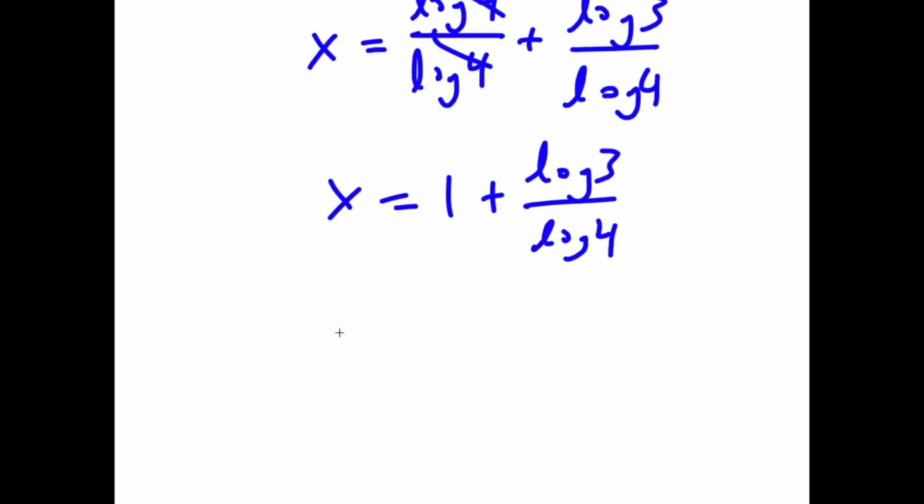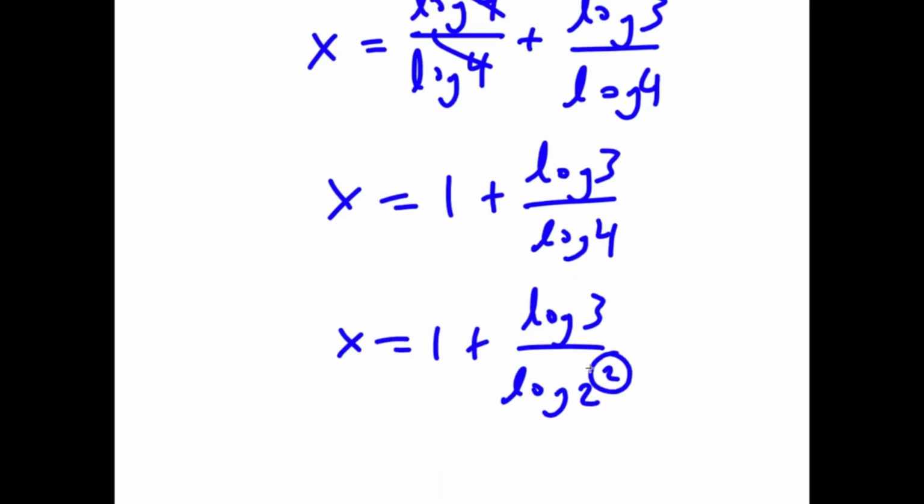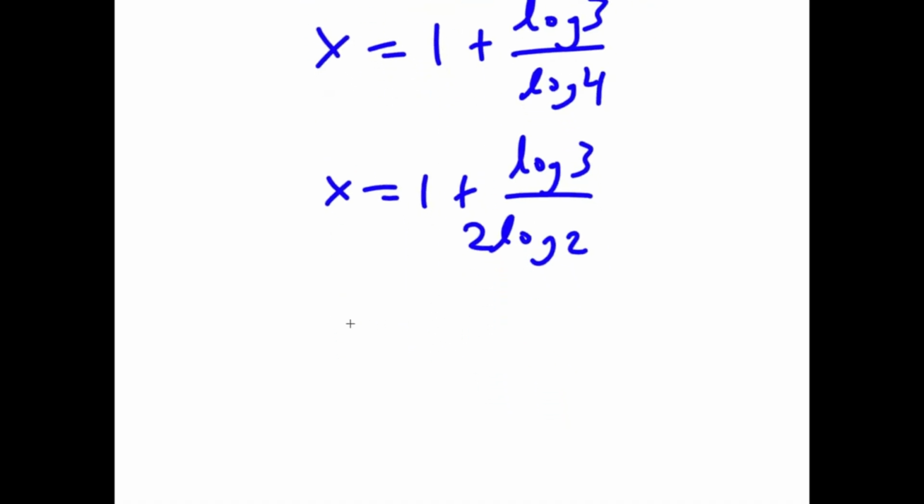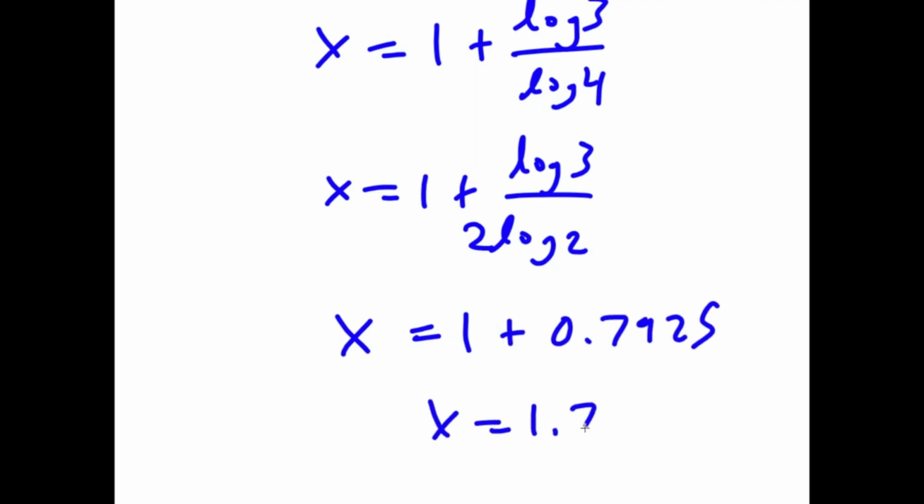And log 4 is the same thing as 2 squared, so I get 1 plus log 3 over log of 2 squared, and remember I can move this 2 to the front. So now I have log 3 over 2 log 2, and this is the same thing as 1 plus 0.7925, which is equal to 1.7925.